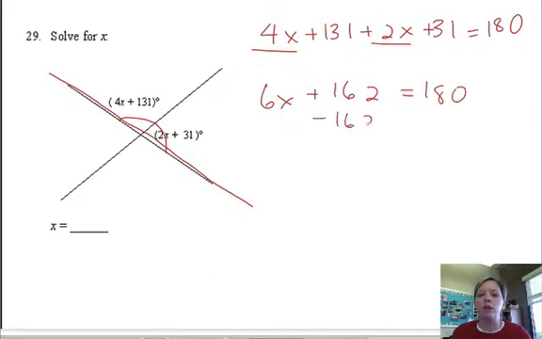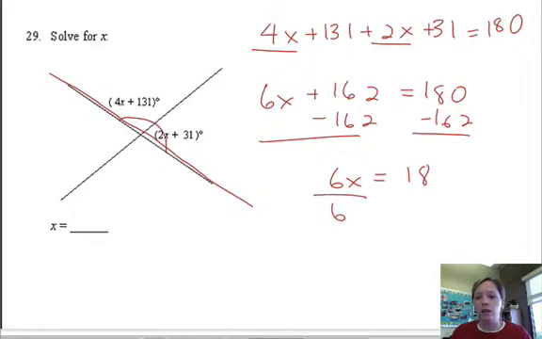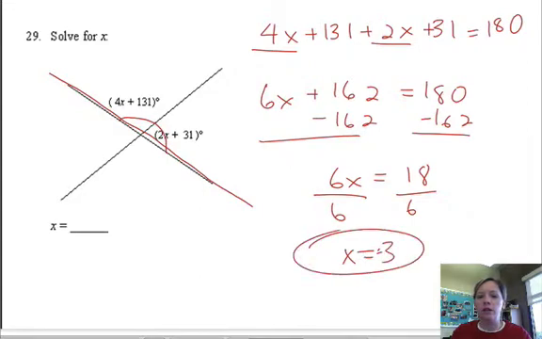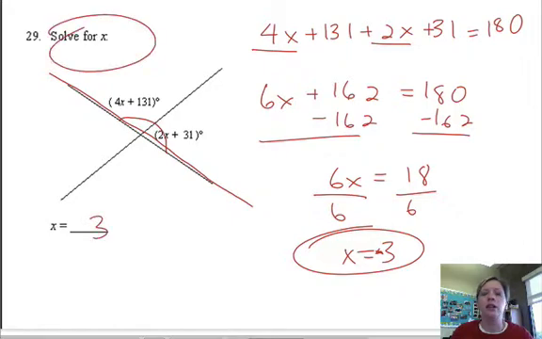Then we'd subtract 162 from both sides. We get 6x equals 18. Divide by 6, and we get 3. Not negative 3, that's just a scribble. We get 3. What was the question asking? For x. I don't even have to go back in and plug it in to find an angle. Just x equals 3.